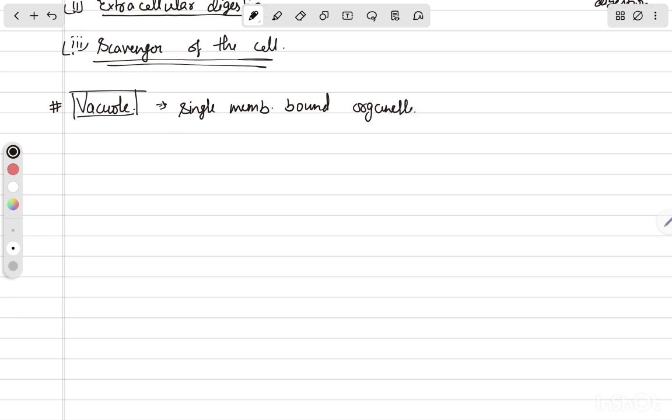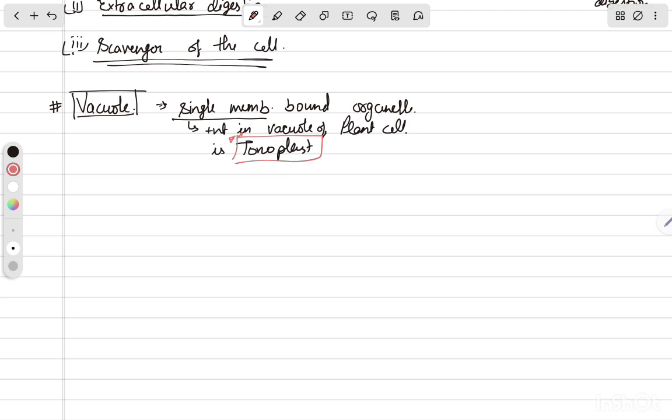The membrane present in the vacuole of a plant cell is tonoplast. The name of the membrane is very important. It is bounded by tonoplast, which is a single layered structure, right?